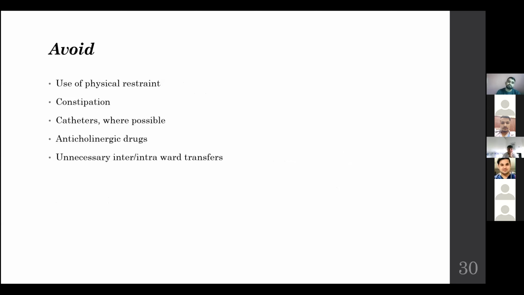We should avoid physical restraint unless absolutely indicated, avoid constipation, and avoid catheters wherever possible. Anticholinergic drugs should be avoided wherever possible. Unnecessary ward transfers should also be avoided to prevent delirium.